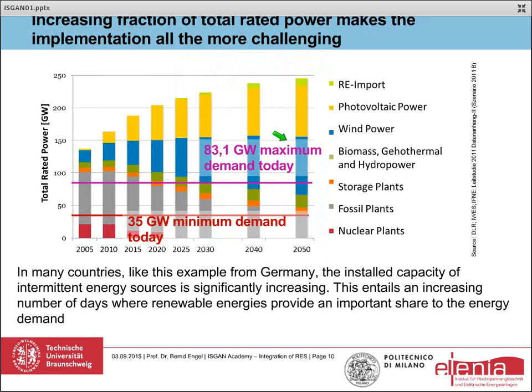The increasing fraction of total rated power makes the implementation more challenging. In many countries, like this example from Germany, the installed capacity of intermittent energy sources is significantly increasing. This entails an increasing number of days where renewable energies provide an important share of the energy.